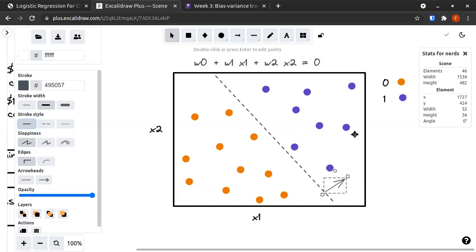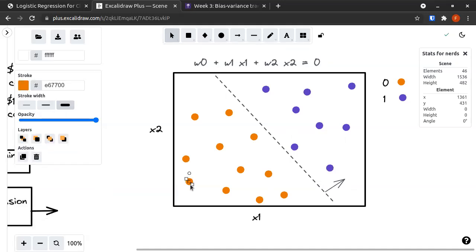So on this side of the line, all of my values are 1, so my class values are 1. If I plug in an x1 and x2 here, for example, then it's going to come out less than 0. It's below the line, and that means the target variable is 0.